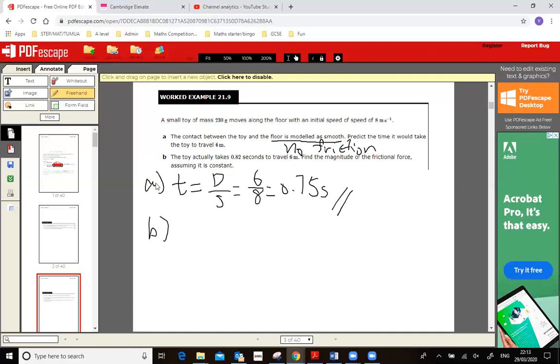Right, part B. The toy actually takes 0.82 seconds to travel 6 meters. Find the magnitude of the friction force. Okay, so let's think, what do we have? Well, if there is a frictional force, that means there's a force acting on the object, so we must have an acceleration.